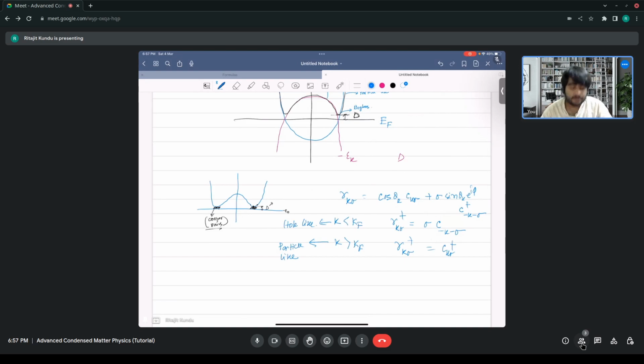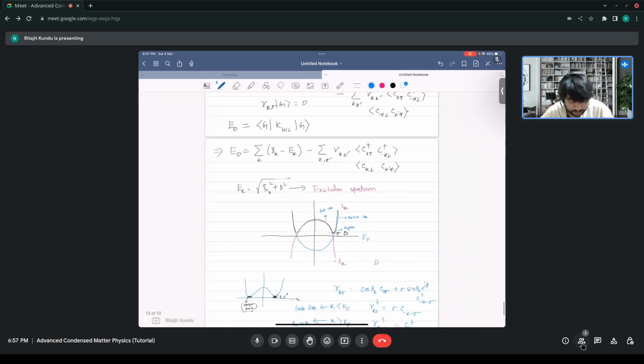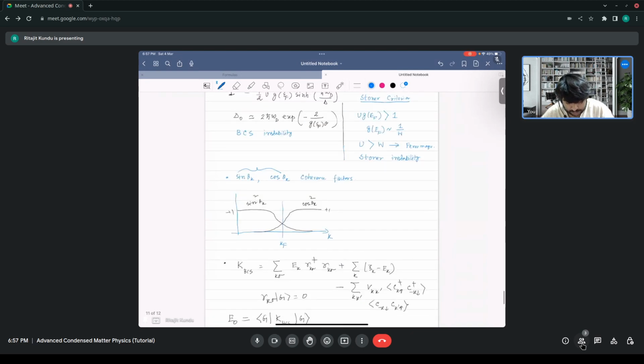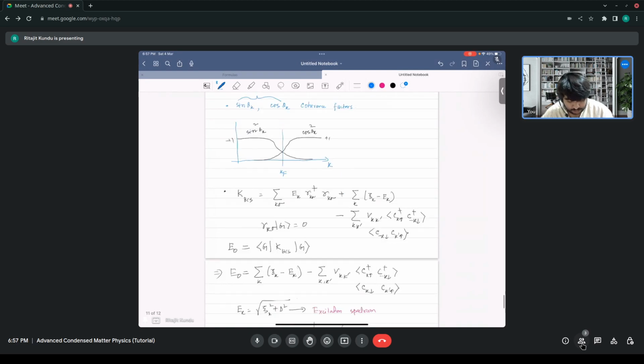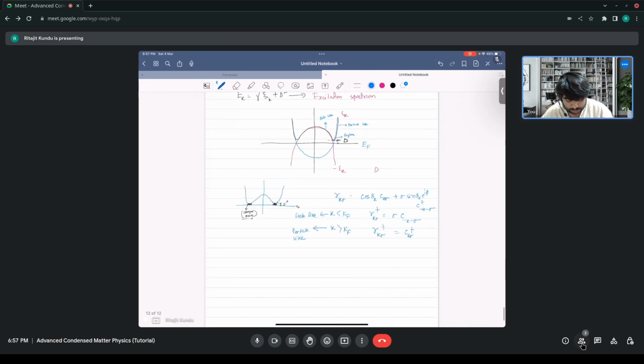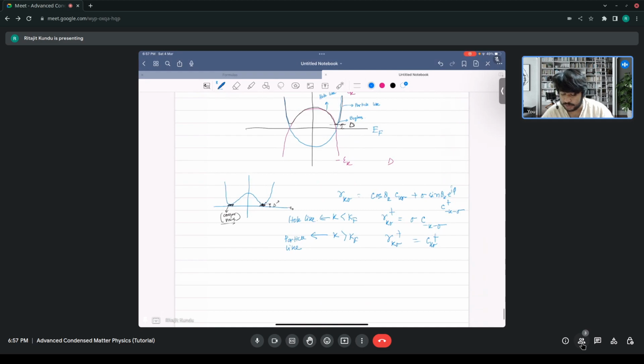This is important. It is important to really distinguish between the ground state energy and the excitations, which many times students actually get confused between.